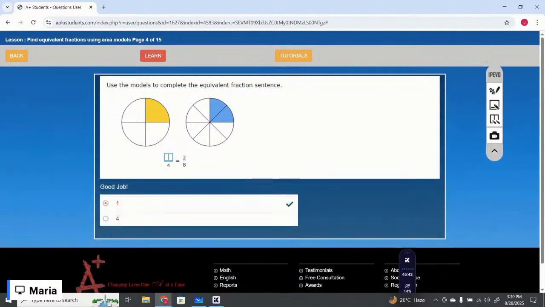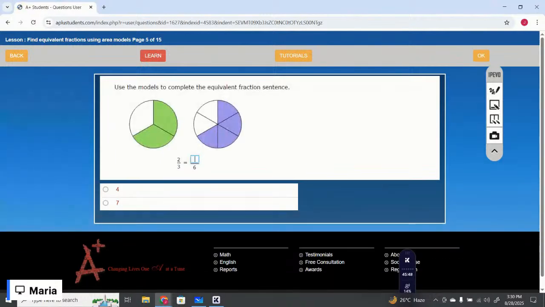Option number 1 is the correct option. Use the models to complete the equivalent fraction sentence. 2 out of 3 equals, very good, 4 out of 6.